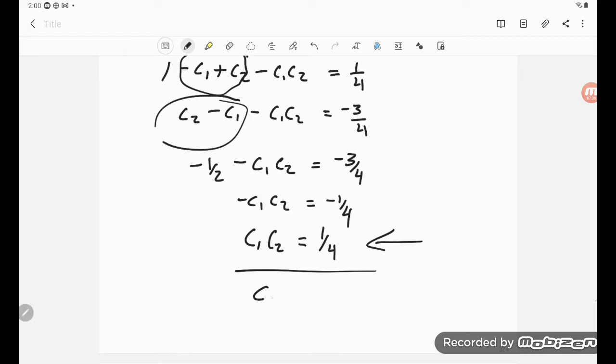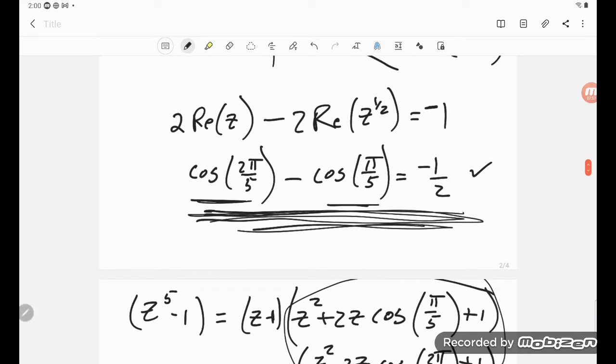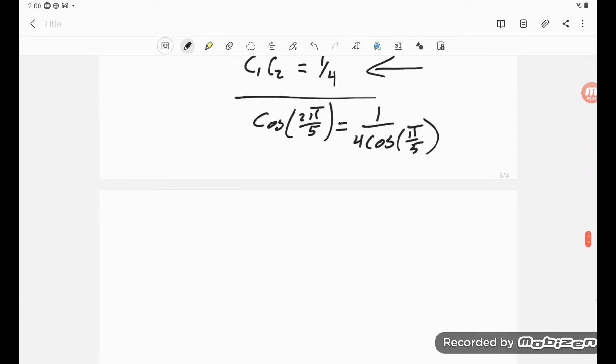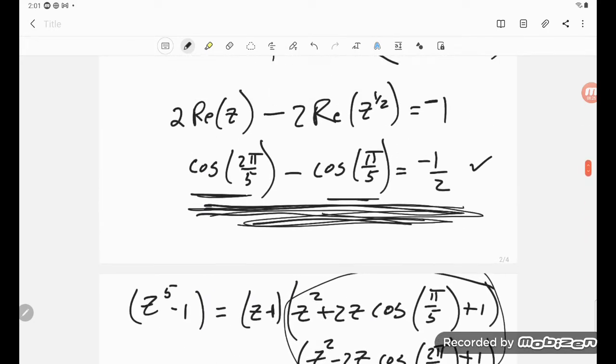So if I write C2, which is the cosine of 2 pi over 5, is equal to 1 over 4 cosine pi over 5, and then I substitute that back here, I'll have 1 over 4 cosine of pi over 5 minus cosine pi over 5 was equal to negative 1/2, I think, right? Yeah, okay.